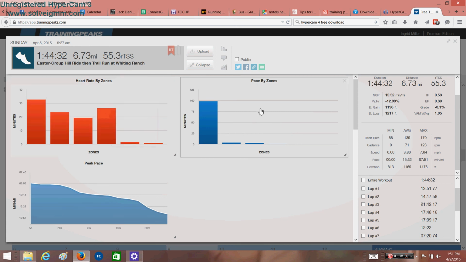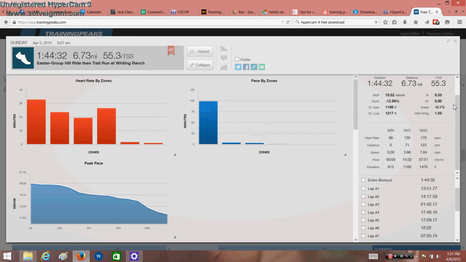On the run, you're going to be more worried about pace. And just as I said before, where I can program different heart rate zones into your profile, I can also put in different running paces. So you can see how long you spent at a particular pace.